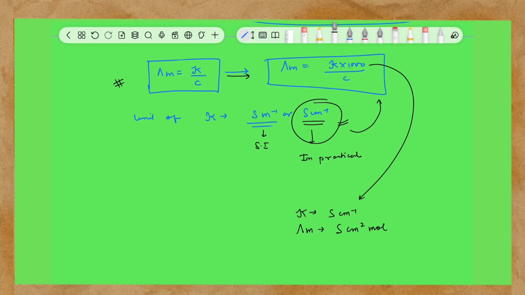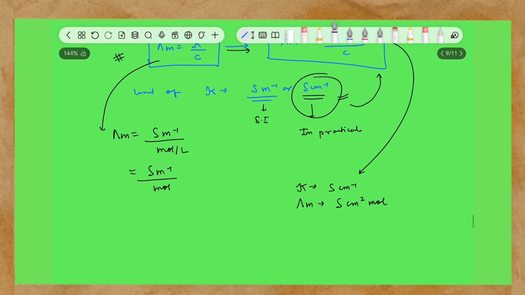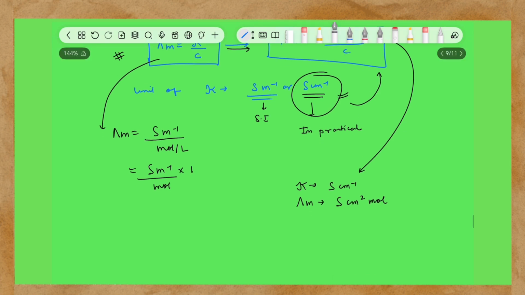We can use both formulas, but if I have kappa in Siemens per meter, then we have to change the concentration term. If the concentration is molarity, mole per liter, then I cannot use this formula directly, because in terms of SI units the liter will get multiplied into the numerator, as it is in the denominator here.